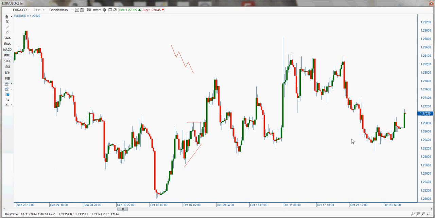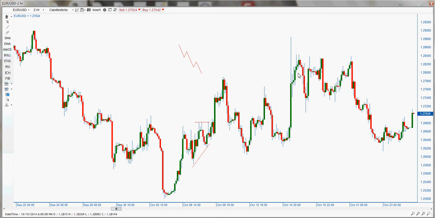Okay, so let's add conviction to this idea that this is an A, B, C correction. Well, what I want to look for is the same thing. Maybe not equality, because just eyeballing this, I can see that this wave C is larger in price than wave A. But maybe there's a Fibonacci relationship there.